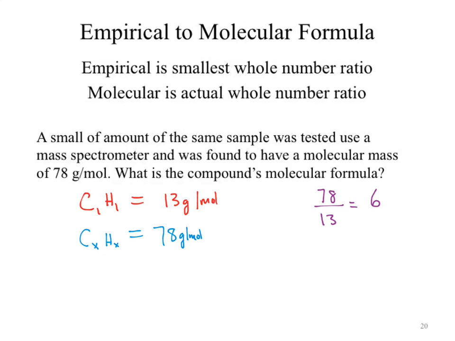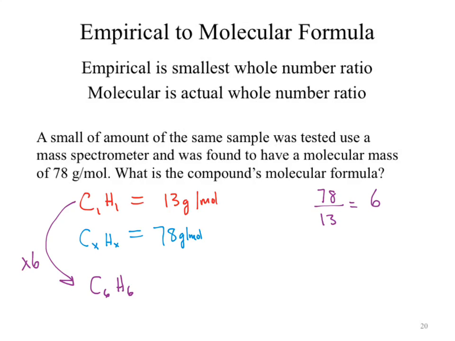How do I get that 6 to translate through my formula? What is 6 times C1H1? C6H6. So what we're doing with our masses is figuring out the ratio.